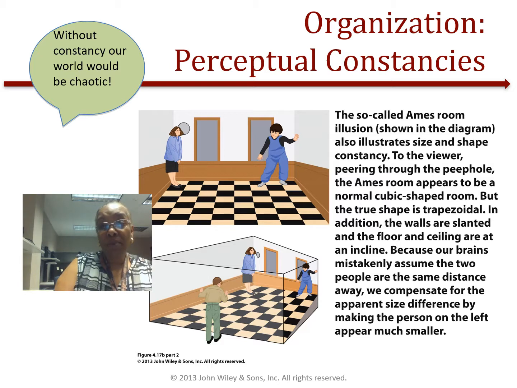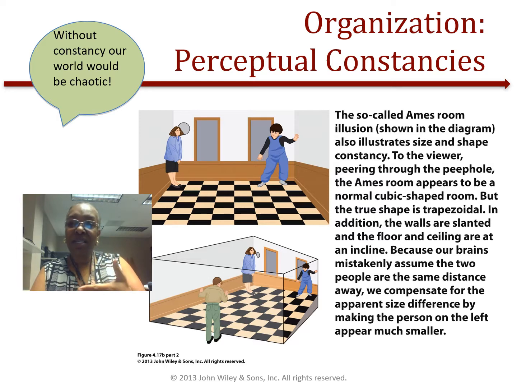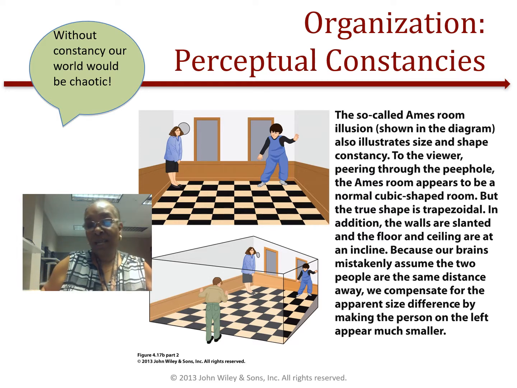Now, I don't know if you've ever seen the Ames room. The Ames room illusion makes it so that two people could be standing there, and if it's a child, for example, on one side, the child looks like a giant compared to the adult on the other. Our eyes, although there's a constancy in size and shape, because of the way the room is set up, the floor is actually tilting, so the child looks extremely larger than the adult, even though we know that's not the case.